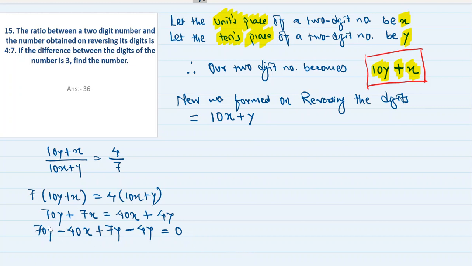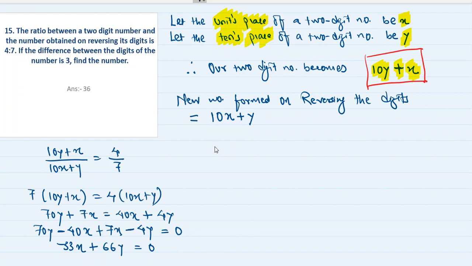Right? Okay, what next? So minus 40x, this is 7x. See, I made a mistake. If you don't find your mistakes, you'll be in big trouble. So minus 40x plus 7x is minus 33x. And 70y minus 4y is plus 66y is equal to 0.